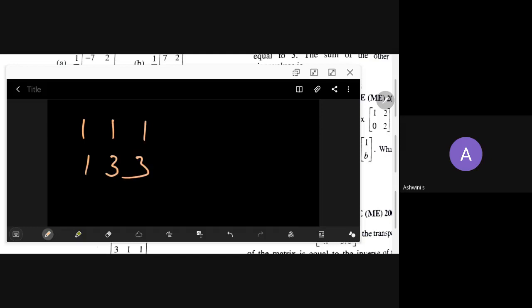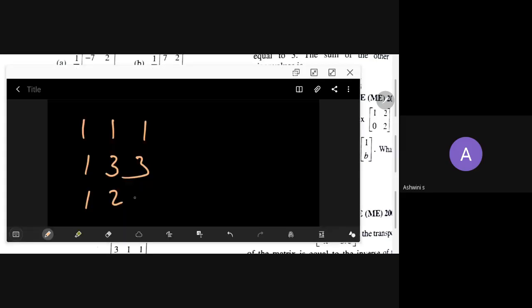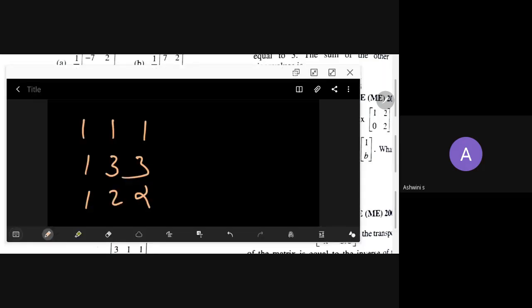You need not solve anything here. We have the rows 1, 1, 1, 1; then 1, 3, 3; then 1, 2, alpha; and the last one is 5, 9, beta.